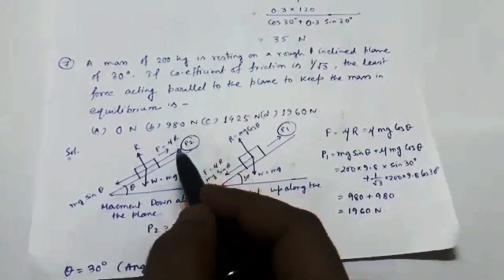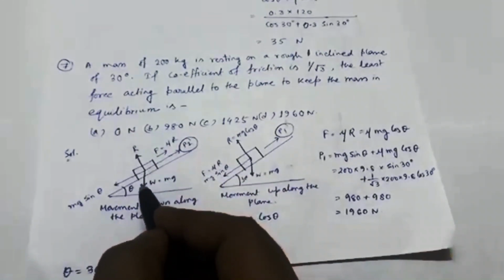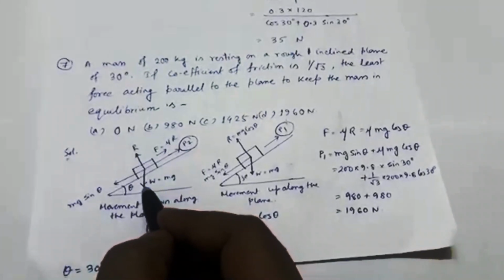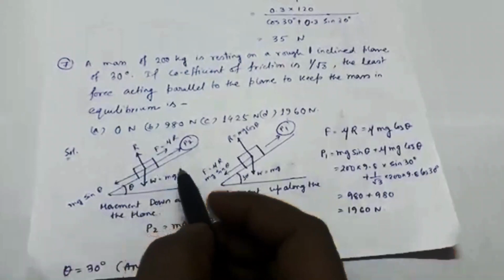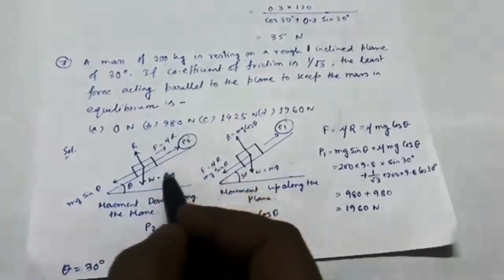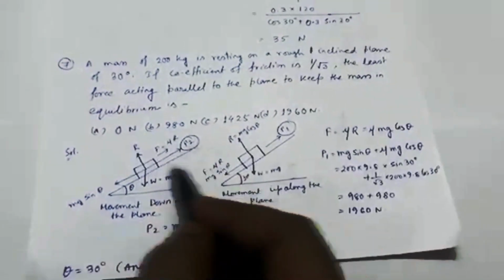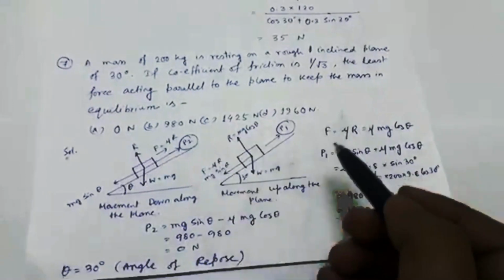The force is P2, and this is the normal reaction. W acts downward, W equal to mg. This is mg sin theta. This is the first condition, movement down along the plane, and this is the second condition, movement up along the plane.